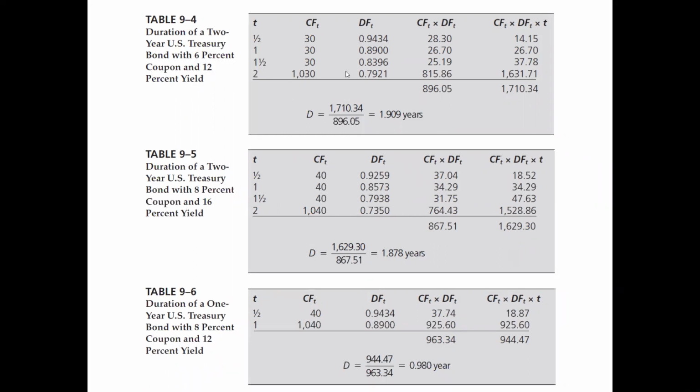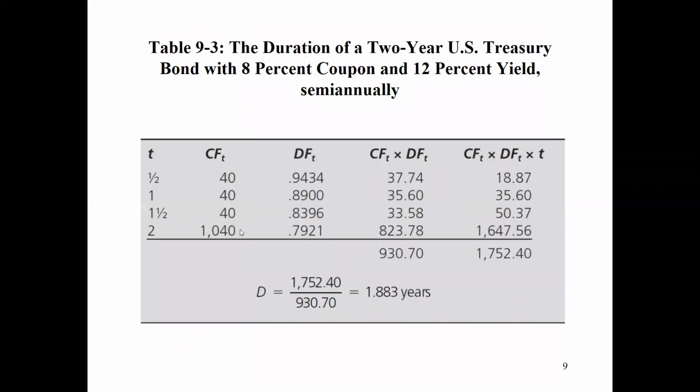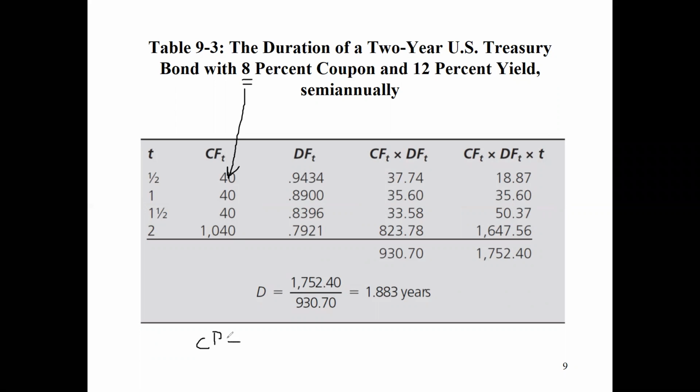And one thing I forgot to tell you is that it was 8% here. Please pay attention to the coupon payment itself. The coupon payment is equal to 40. We said the coupon payment is coupon rate times face value.